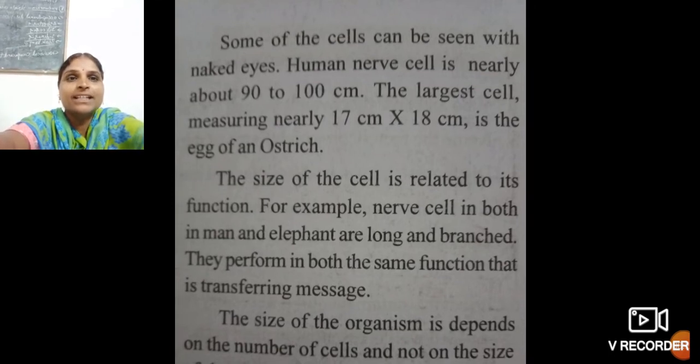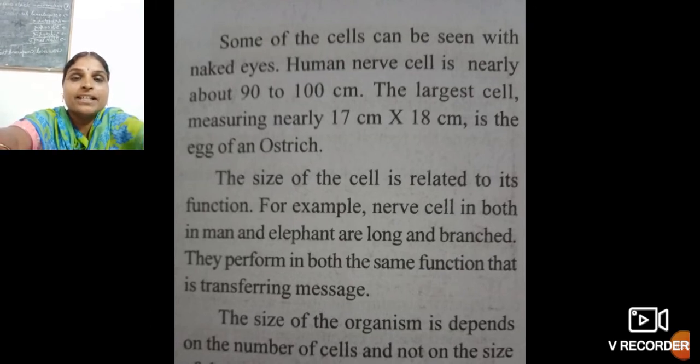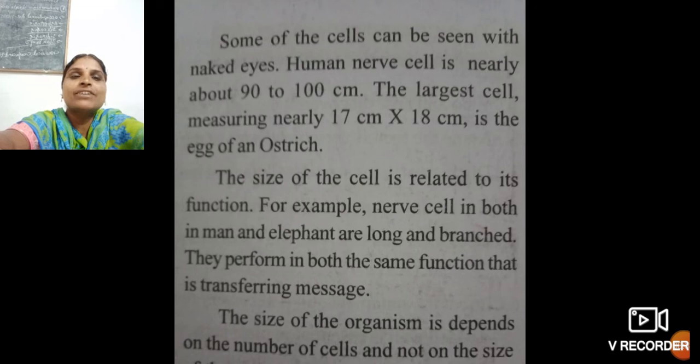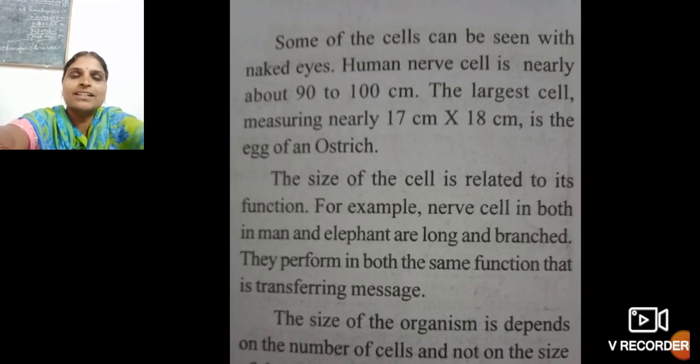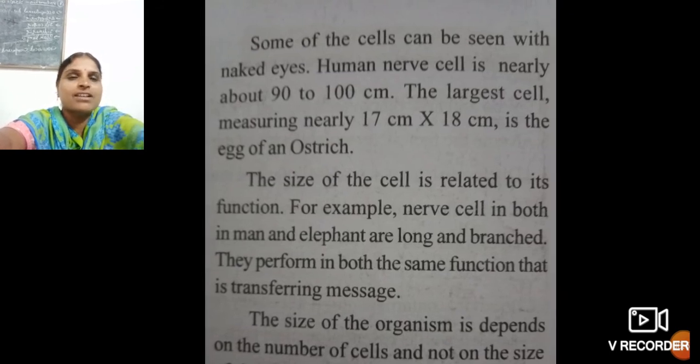The largest cell, measuring nearly 17 centimeters by 18 centimeters, is the egg of an ostrich. This is the largest cell in the animal kingdom. The smallest is in bacteria, the largest in the ostrich bird.